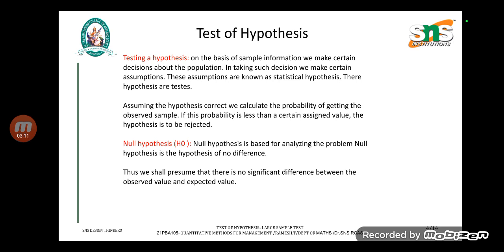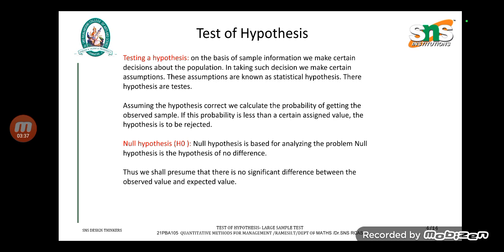So here we have two hypotheses. One is the null hypothesis, another is the alternative hypothesis. What is the null hypothesis? The null hypothesis is the basis for analyzing the population. The null hypothesis is a hypothesis of no difference. Thus, there is no significant difference between the observed value and the expected value.